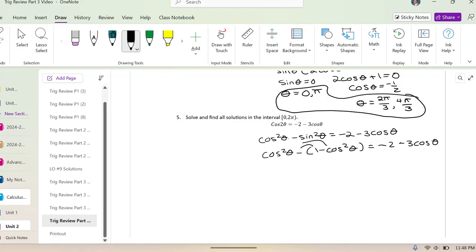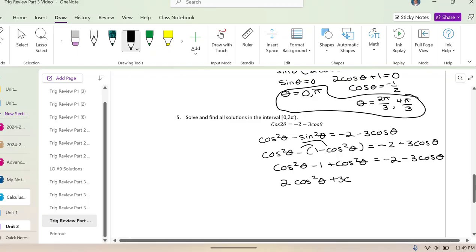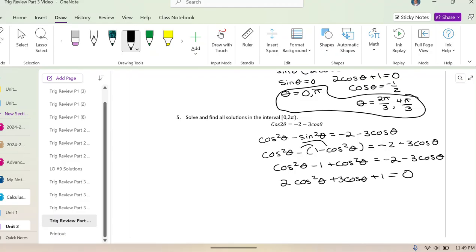Notice when you distribute the negative sign, and then you combine like terms, so you have 2 cosine squared, and then bringing this over 3 cosine, plus 2 plus 1 equals 0.